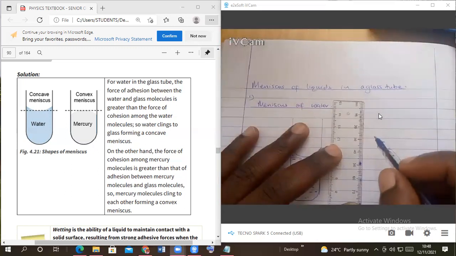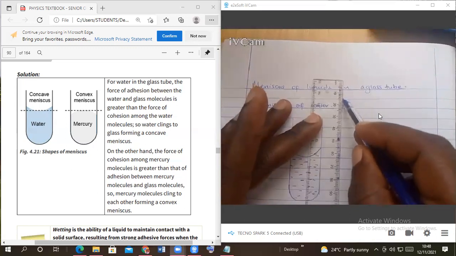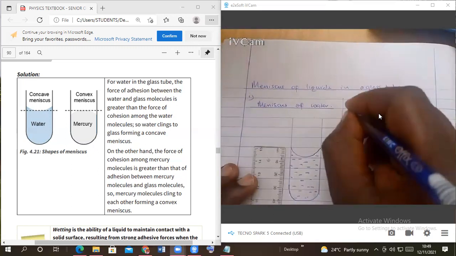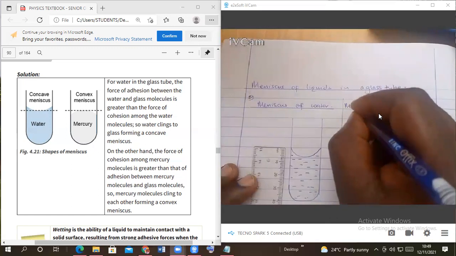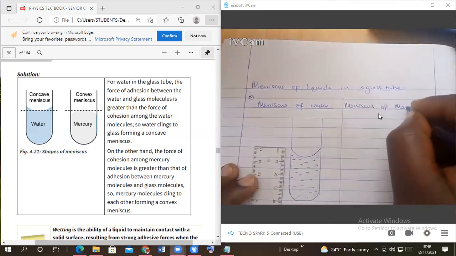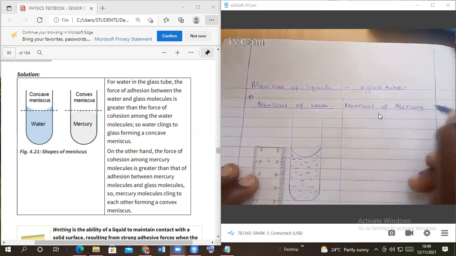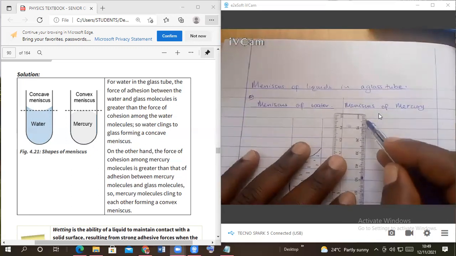And here we can draw the meniscus of mercury. So you can put your meniscus. Mercury. Okay. And draw the same tube here.